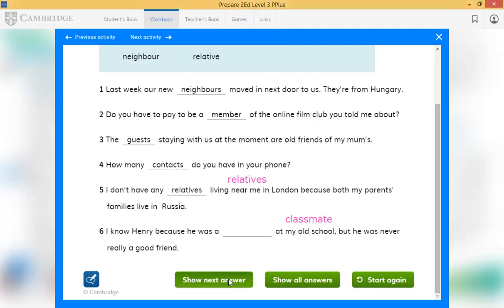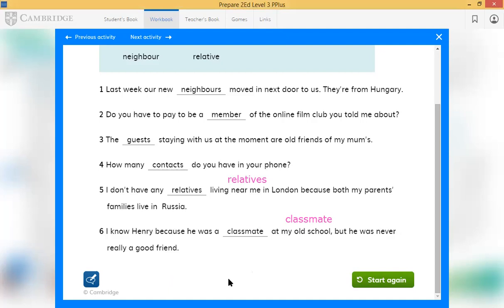Relatives, classmates. Remember, what's the definition of relatives for you? Familiares, okay? Familiares is relatives. So when somebody asks you, do you have relatives in Morelos? Yes, I do. Don't say, I have families in Morelos. Many people say that.